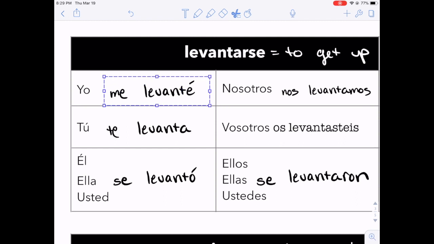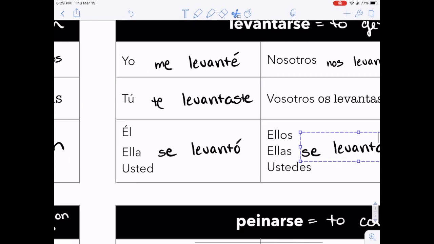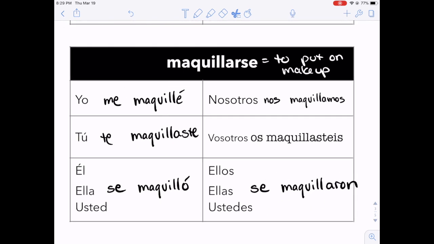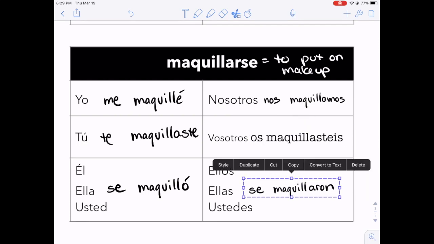Yo me levanté, te levantaste, se levantó, nos levantamos, os levantasteis y se levantaron. Maquillarse también es regular con AR. Me maquillé, te maquillaste, se maquilló, nos maquillamos, os maquillasteis, se maquillaron.